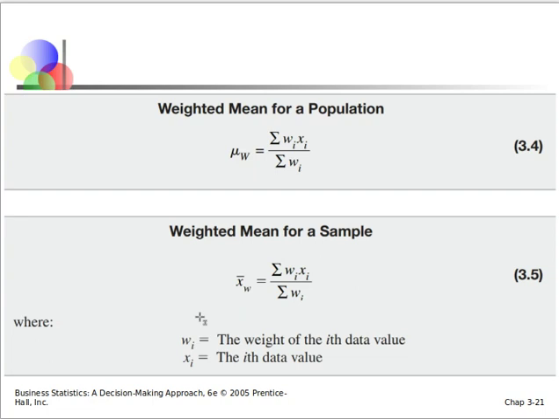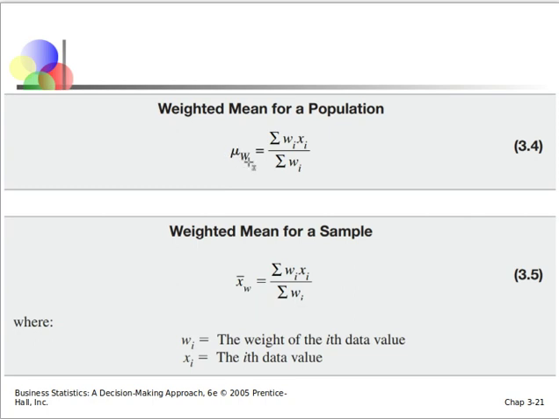Now, as usual, we have a formula for the population and a formula for the sample. Population is represented by the Greek letter mu. This is mu.